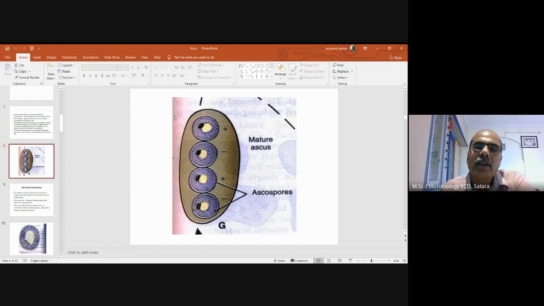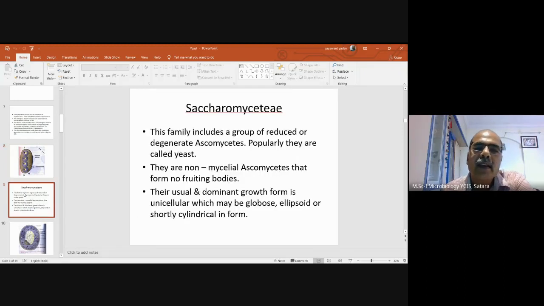This is a total ascus, and in that ascus these are the ascospores. These are the ascospores. This is the ascus.